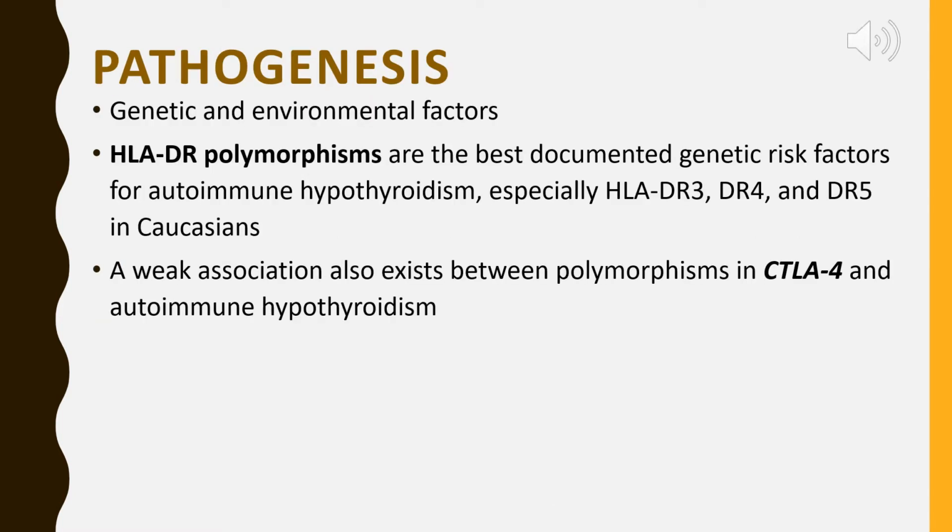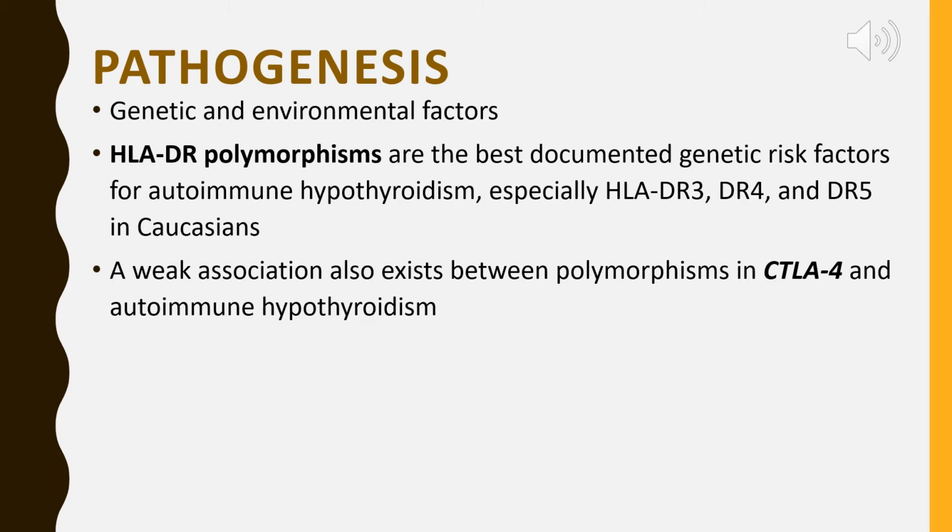Susceptibility to autoimmune hypothyroidism is determined by a combination of genetic and environmental factors. HLA-DR polymorphisms are the best documented genetic risk factor for autoimmune hypothyroidism, especially HLA-DR3, DR4, and DR5.